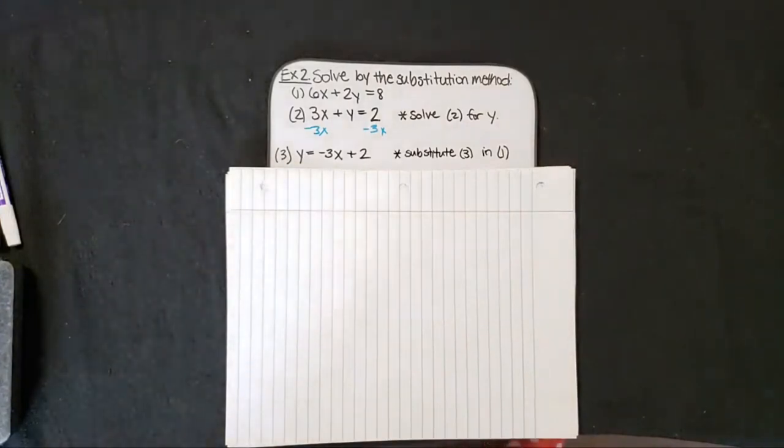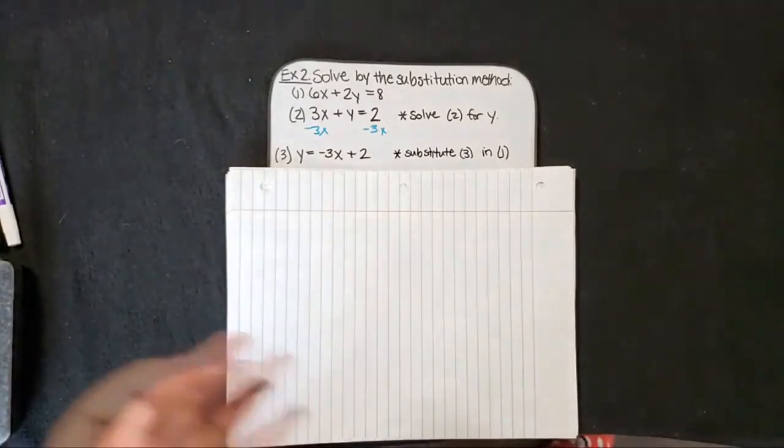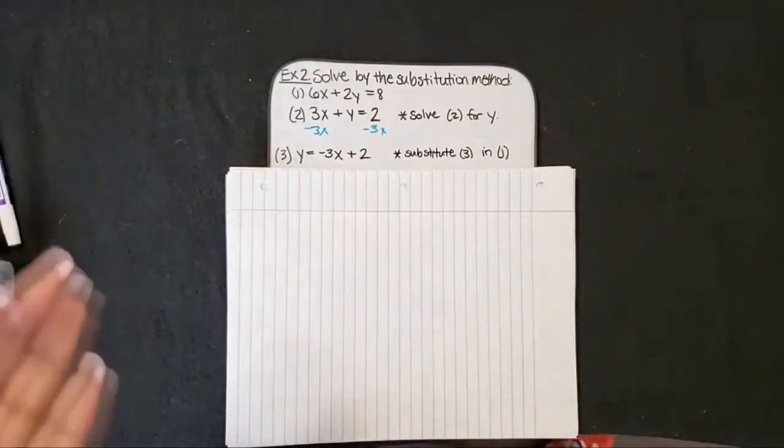So now that we have equation 3, we're going to substitute equation 3 in for equation 1. Once again, we take one equation, change it, and plug it into the other one.